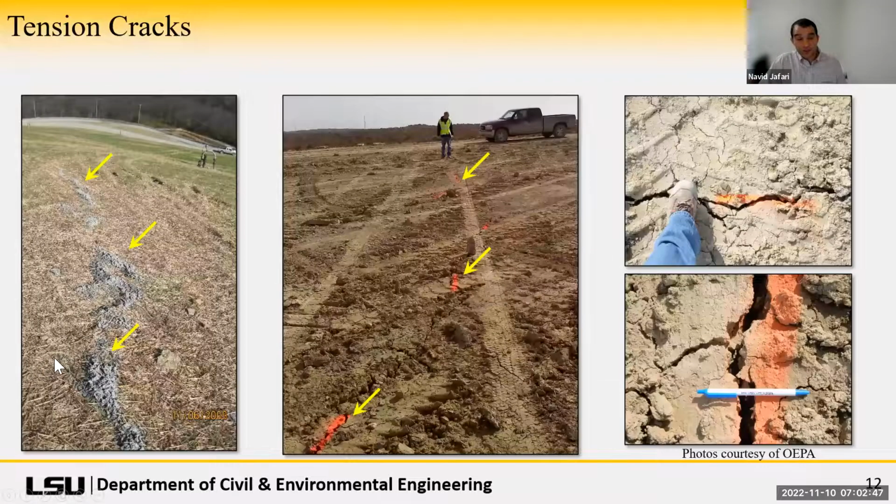Of course, surface manifestations are going to be tension cracks, and these are different from differential settlement cracks because when you look at these cracks, they're just split next to each other. They're not going to have an offset. So that's a good indicator that what these surface pins are showing is actually being confirmed with what we're seeing on the ground.